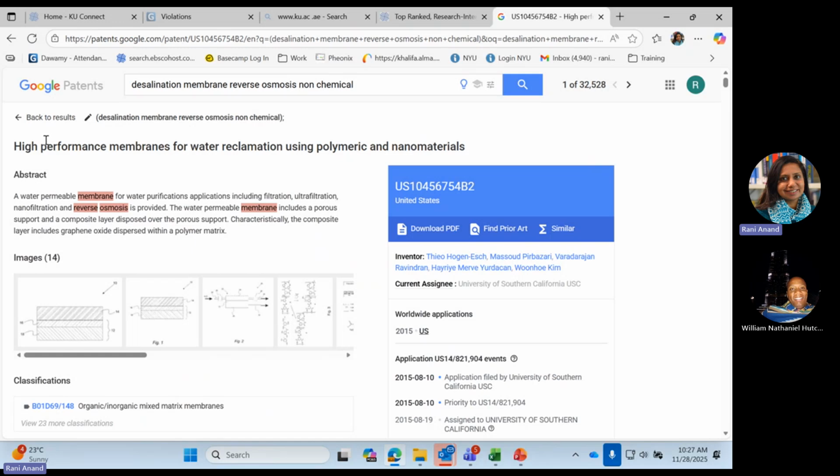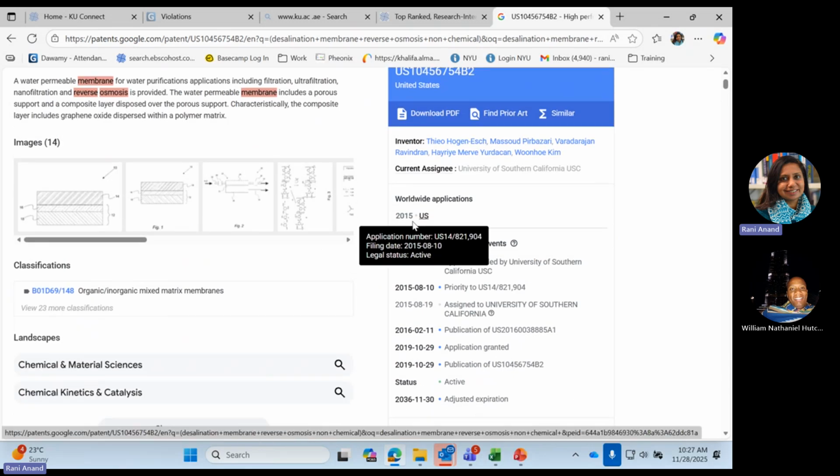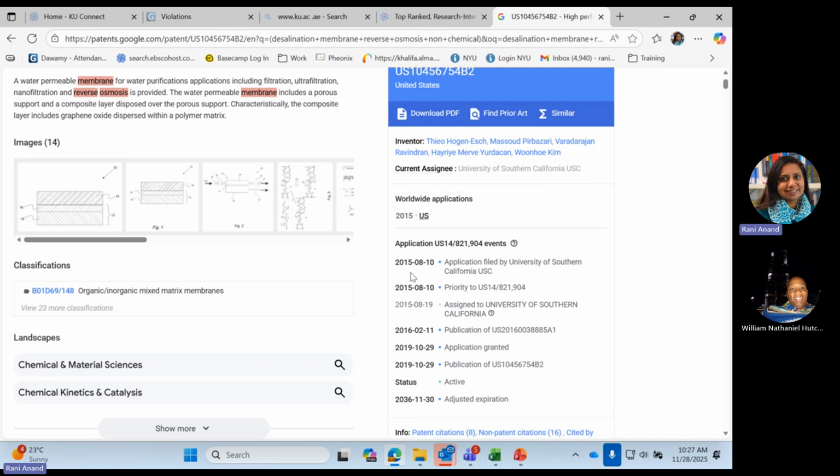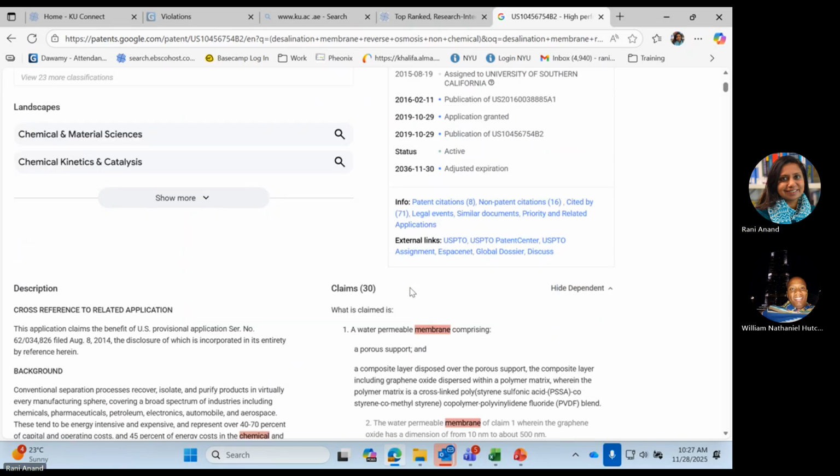This is an example of a patent. It's a US patent. The application was in 2015, and the publication of the patent is 2019. It's still active. It's a 20-year patent. It will expire in 2036.